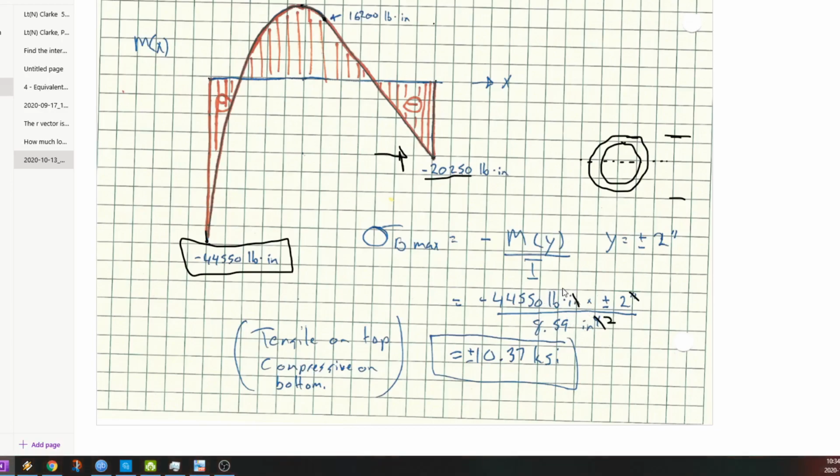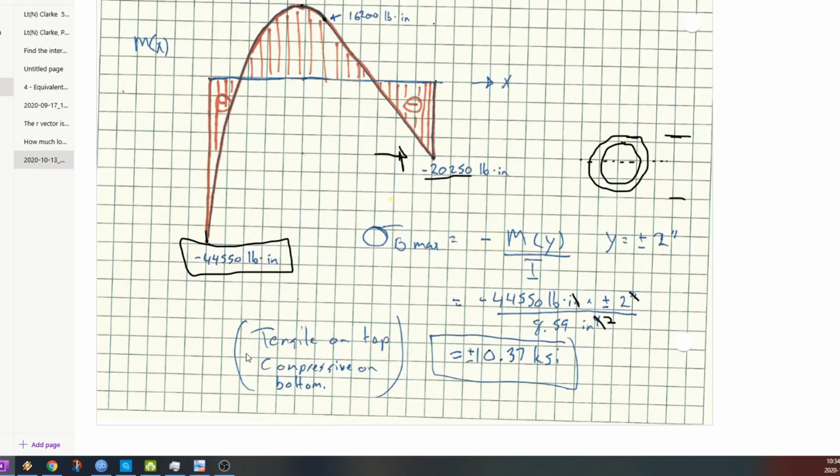And then we're left with PSI, and then that's a relatively large number, so I'm just going to go ahead and put it in KSI. So we will be seeing plus or minus 10.37 KSI at the point where this thing is mounted to the leftmost wall.